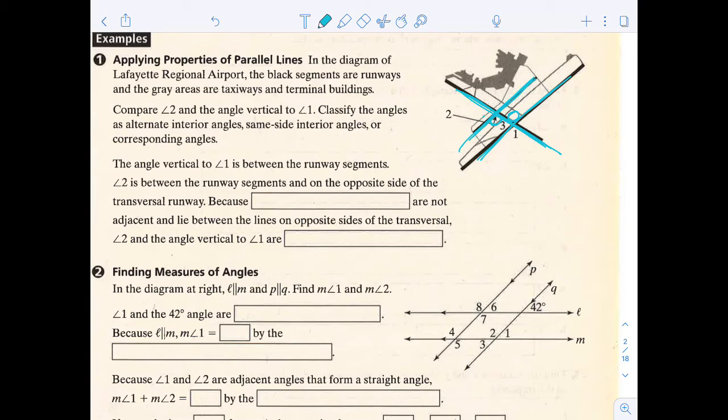So because angle 2 and the angle vertical to angle 1 are not adjacent, so they don't share a side, and they lie between the lines on opposite sides of the transversal, angle 2 and the angle vertical to angle 1 are alternate interior angles.